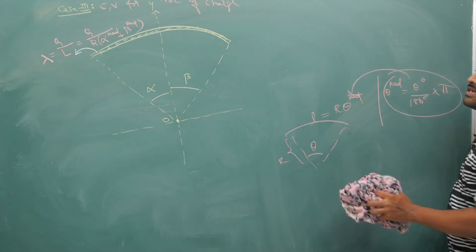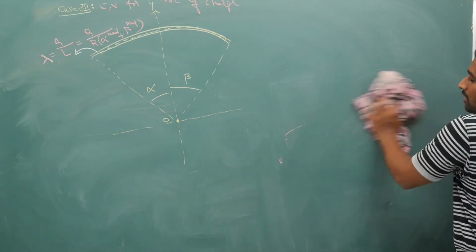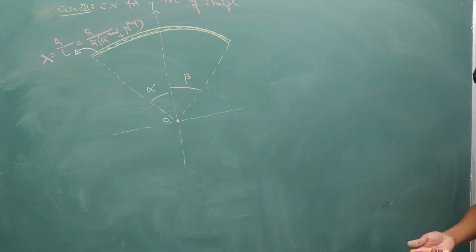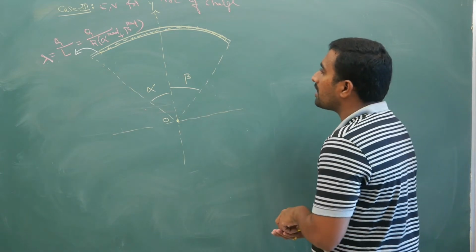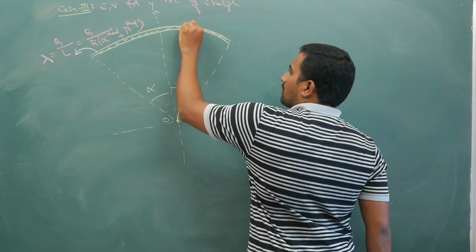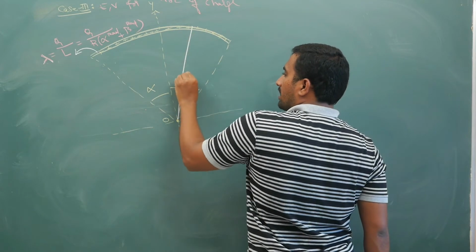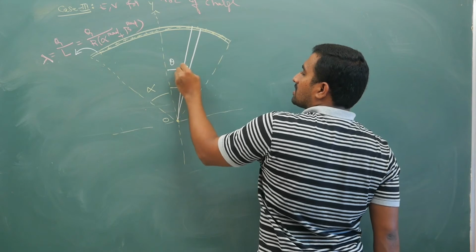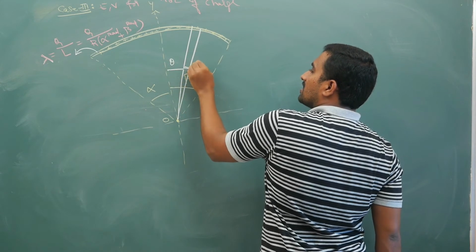In physics, our angles will always be in terms of radians, so that is why I have written it in terms of radians. Now coming to this figure, I am going to take a small strip here. This angle is theta, and this is d theta.